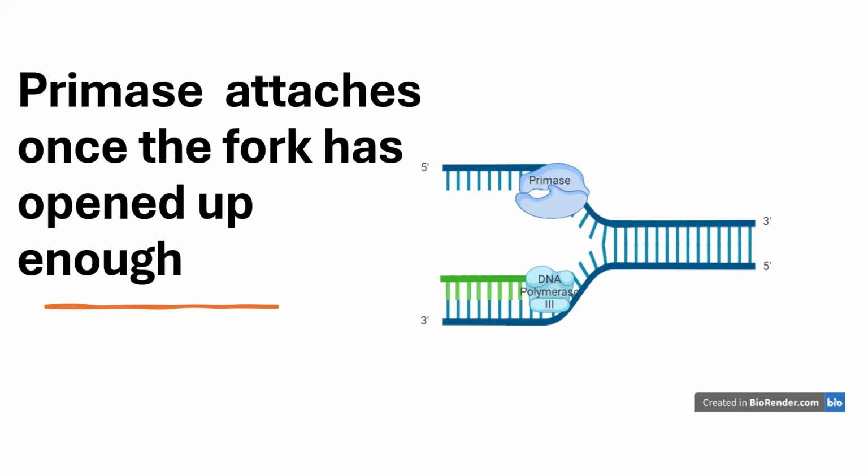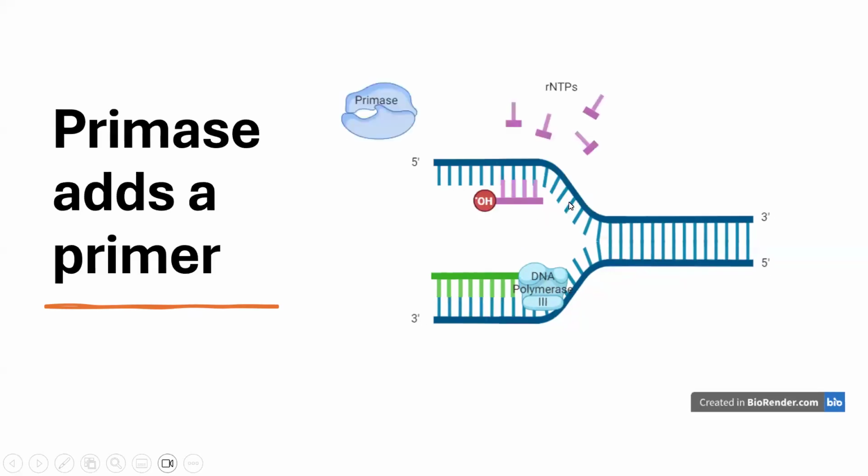However, for our lagging strand, it's going to have to wait until enough of this fork has opened up for primase to attach on, because primase is going to go in that opposite direction. It's still going to be 5' to 3', but it's going to go this way, right? So it's got to open enough for primase to get on. And when it does, it's going to add its primer just like normal.